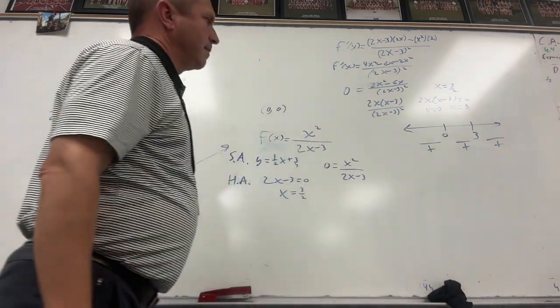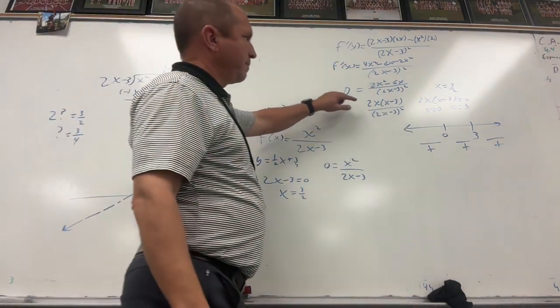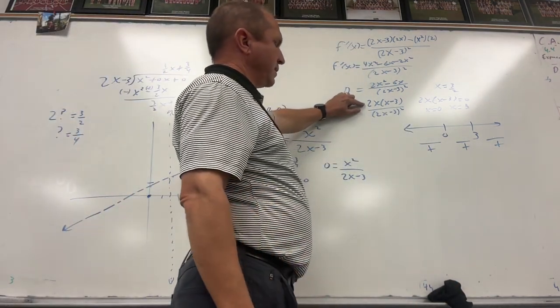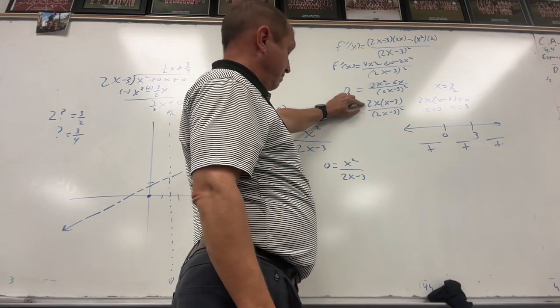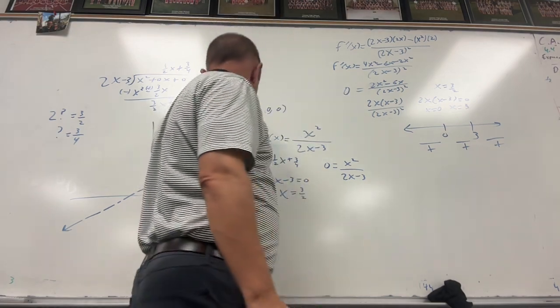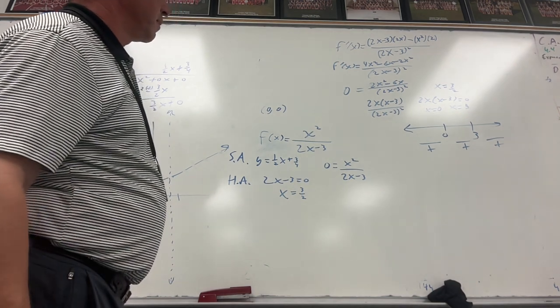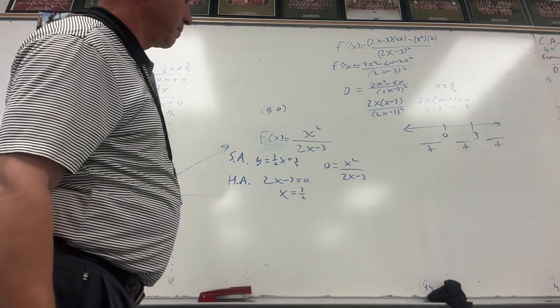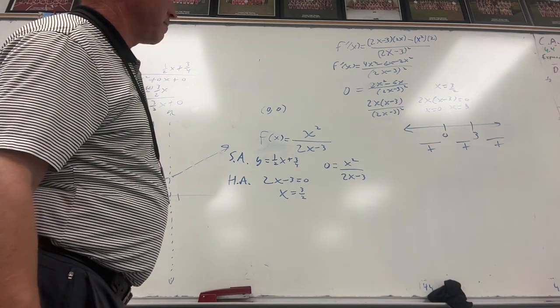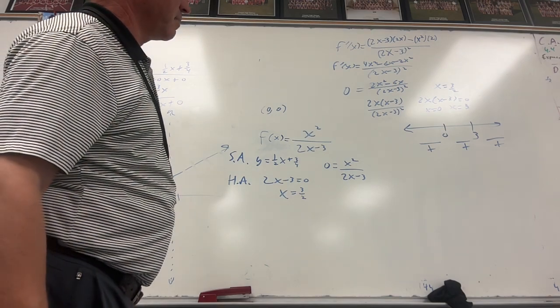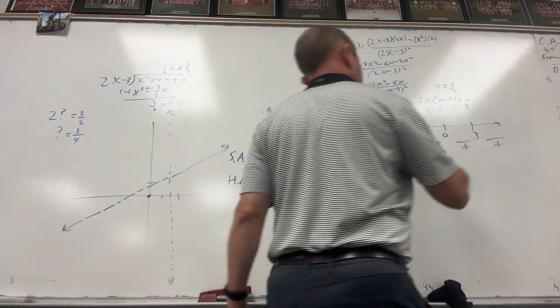Okay? Now, let's think about -1. 2 times -1 is -2. -1, -4, so it'll be 8 on top. So it's positive, right? So we are increasing.